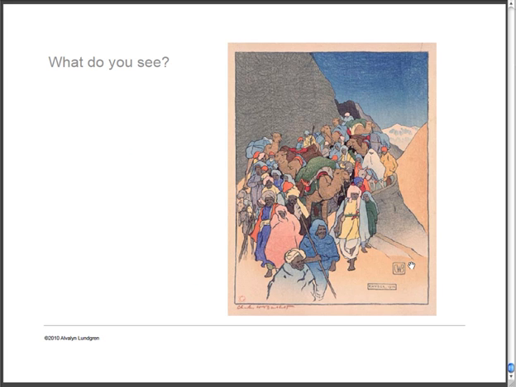And as we look at this illustration, what do you see here? There's changes in scale, larger figures versus smaller figures, larger camels versus smaller camels.